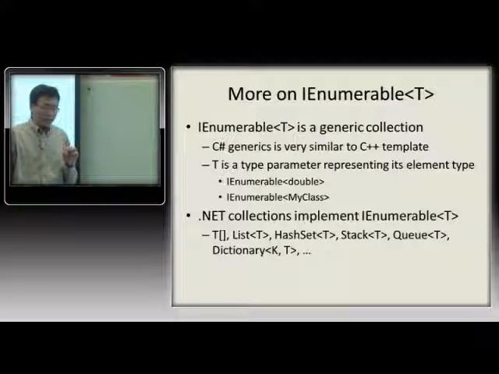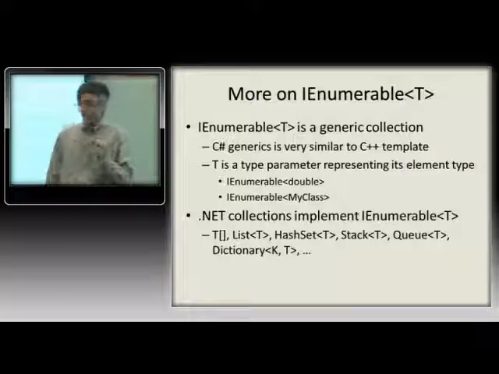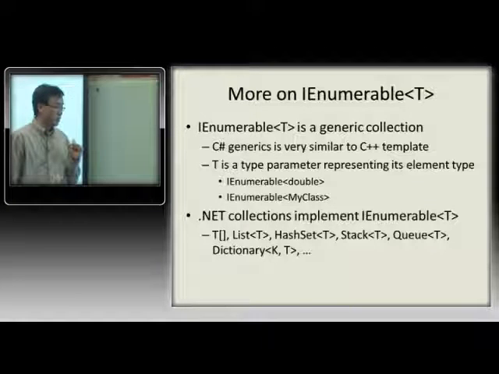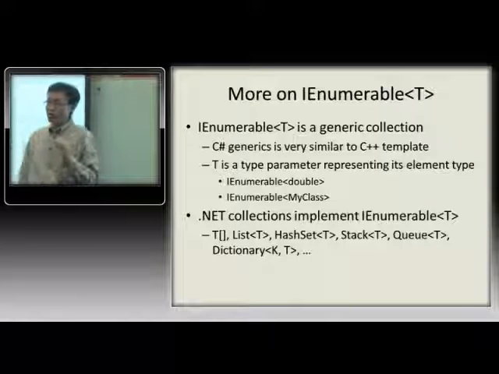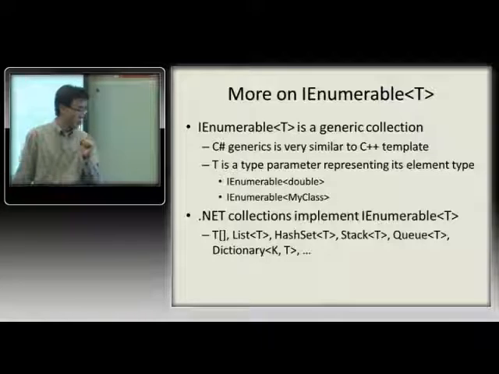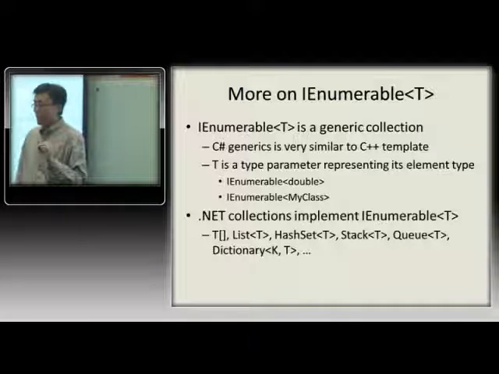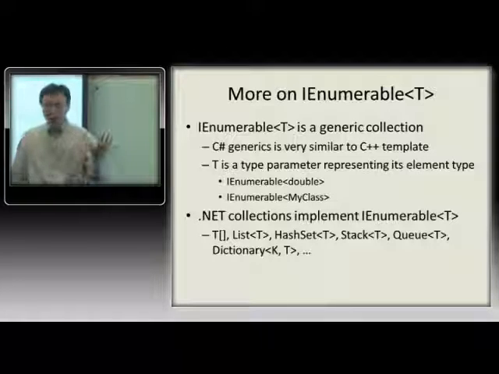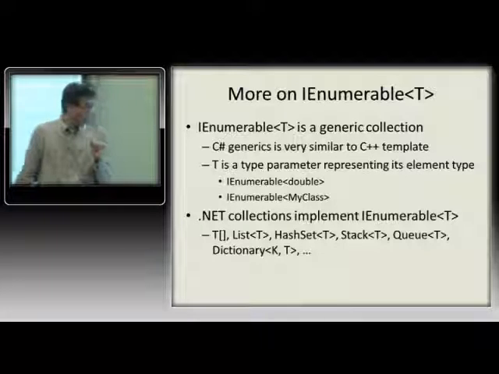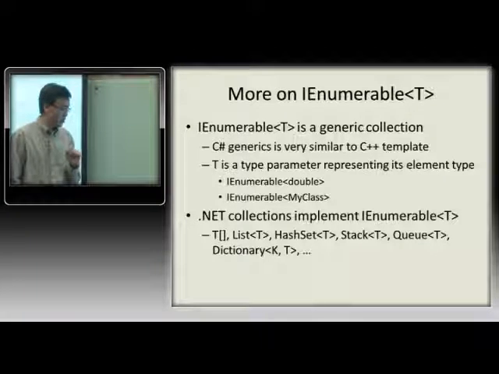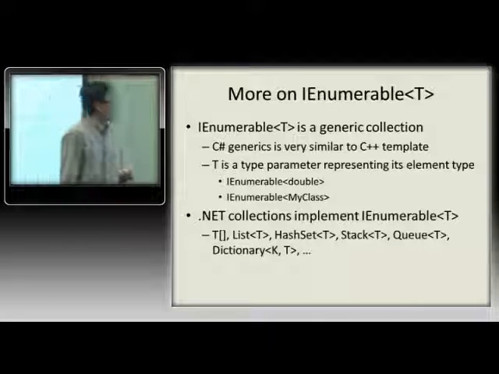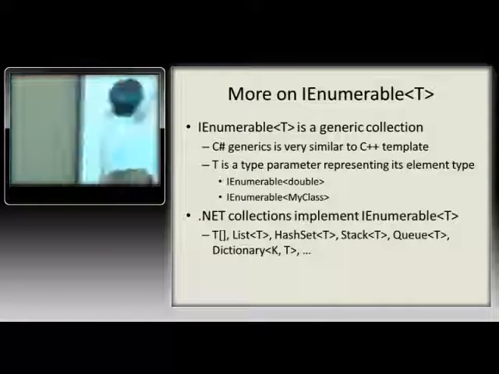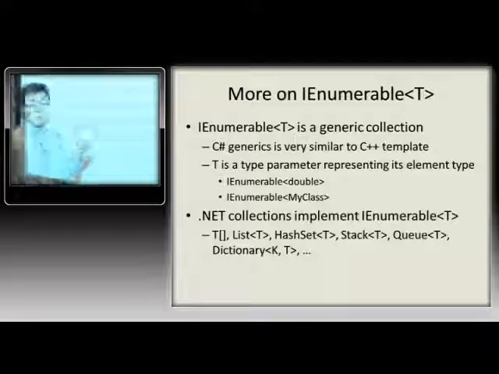Now a little bit more about this collection. It is what we call a generic collection. It's very similar to the C++ template, but we don't have to understand all of that. The only thing we need to understand is that there is an IEnumerable of T, where T is a type parameter.